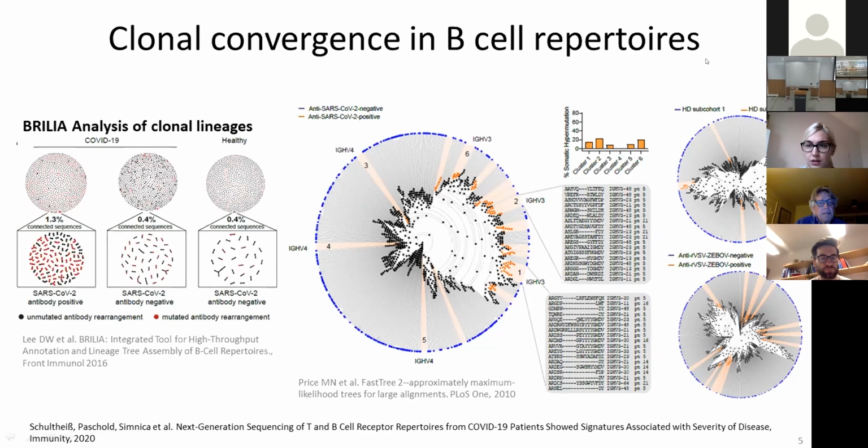And to get an impression of what to expect, we used as a negative control two cohorts of healthy donors against each other, and as a positive control, an Ebola cohort, a cohort which was vaccinated against Ebola.